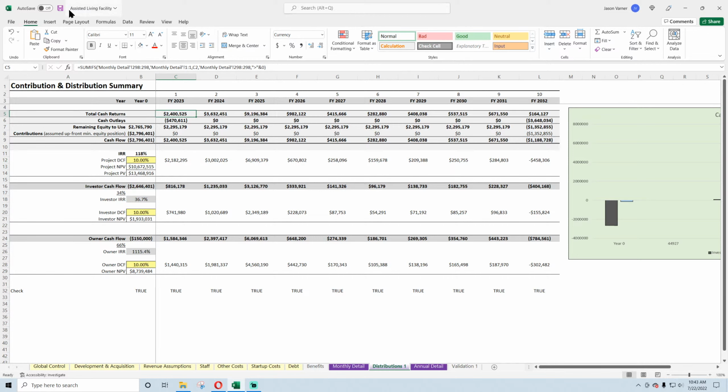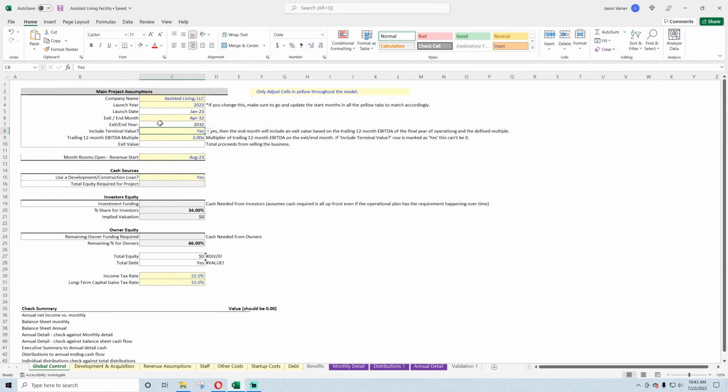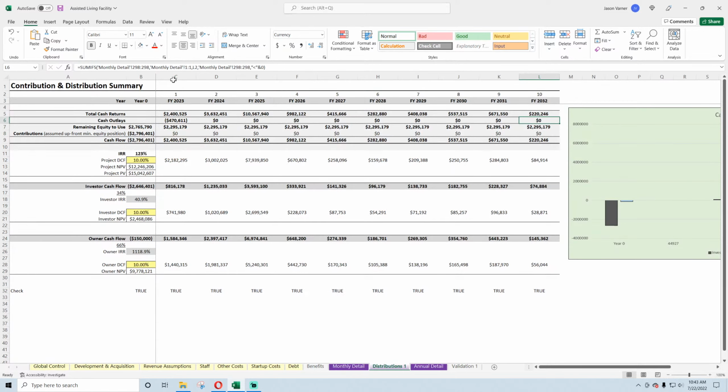All right, so here's our cash in, cash out per period. And no, this is negative because I have no exit value yet, but I am repaying debt. We can always just put this to no, so we can just see normal numbers here.